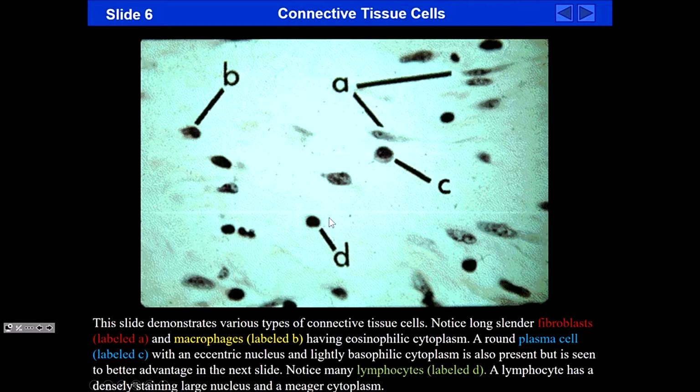So connective tissue outside of an epithelial sheet is going to contain a bunch of different cell types. Remember, we had that big list of cells of connective tissue, and also the extracellular material secreted by those connective tissue cell types. Any questions?